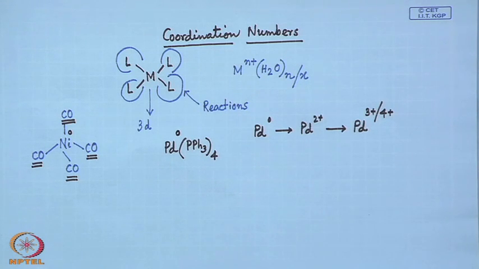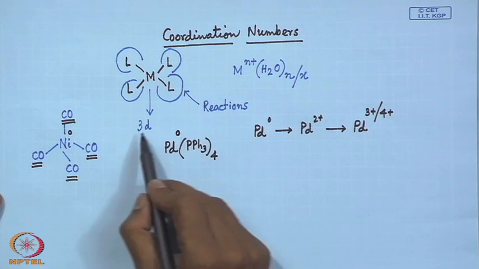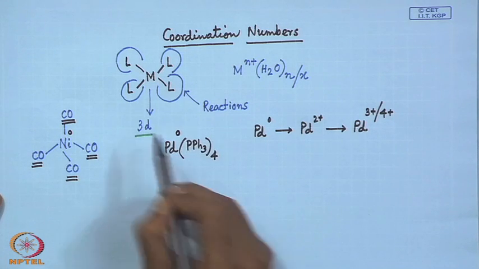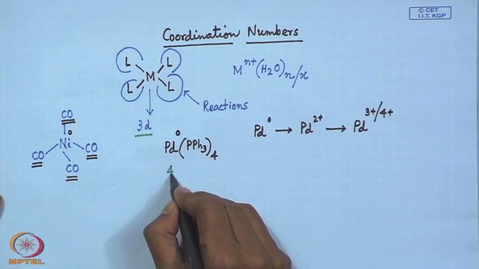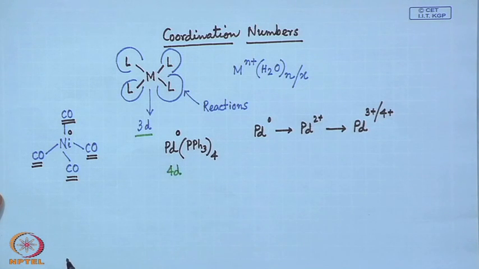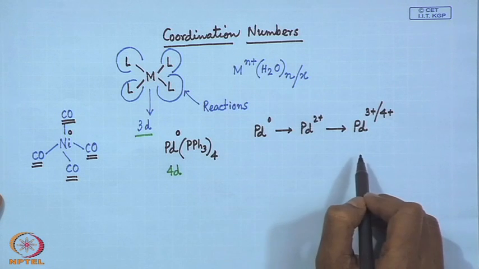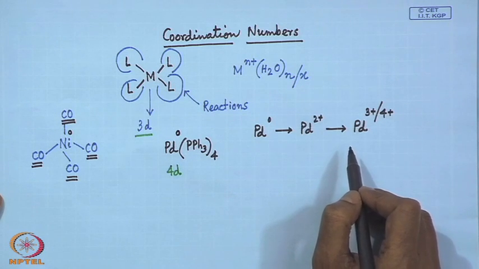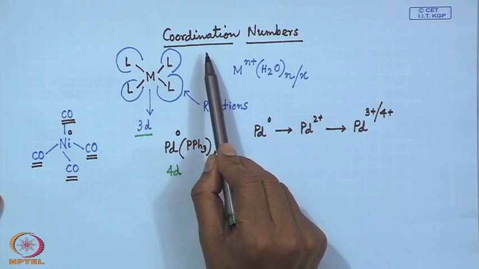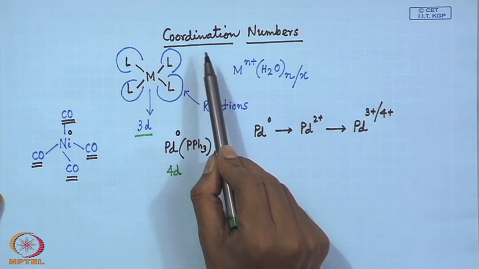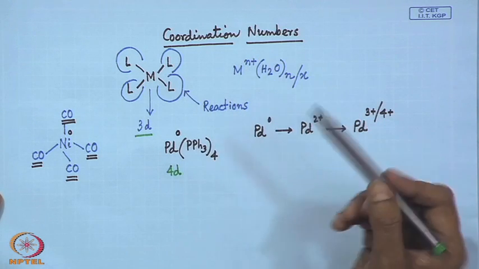So, in terms of the corresponding electron transfer behavior centered on this palladium, that means the d electron configurations, which is now in the 4d level, how can the reactivity of this particular center be manipulated when we concentrate our attention on the coordination numbers?